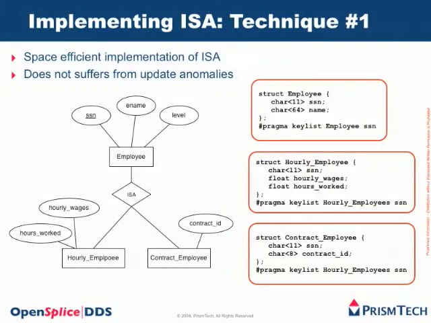So how can we represent this in DDS? Well, that's not hard, and actually there are 2 ways of doing that. One approach, which is space efficient and doesn't suffer from update anomalies, is that of making sure that you share the same key between the super and the subclass, as you see in this example. So you see that essentially the employee, the hourly employee, and the contract employee all have the same key, and then each topic simply keeps track of the fields that belong to the specific refinement.